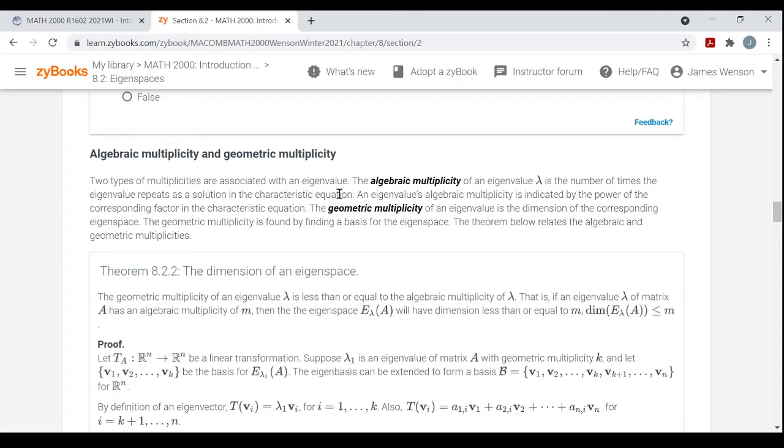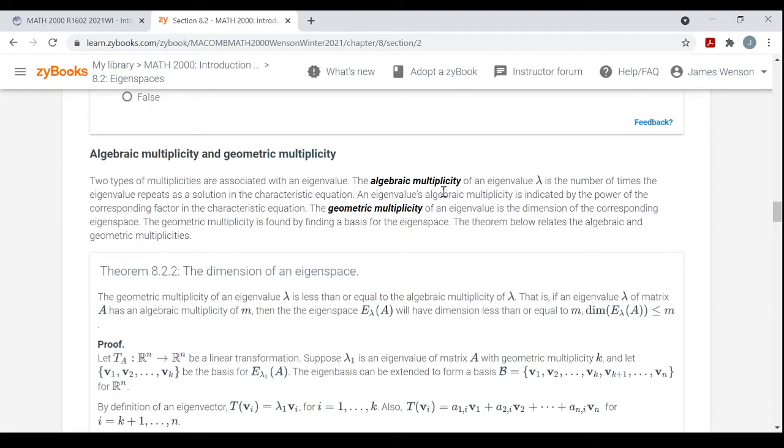So remember, when you're solving that determinant of A minus lambda I equals 0 to find the eigenvalues, the multiplicity of a particular root, of a particular solution, is called the algebraic multiplicity of that eigenvalue.